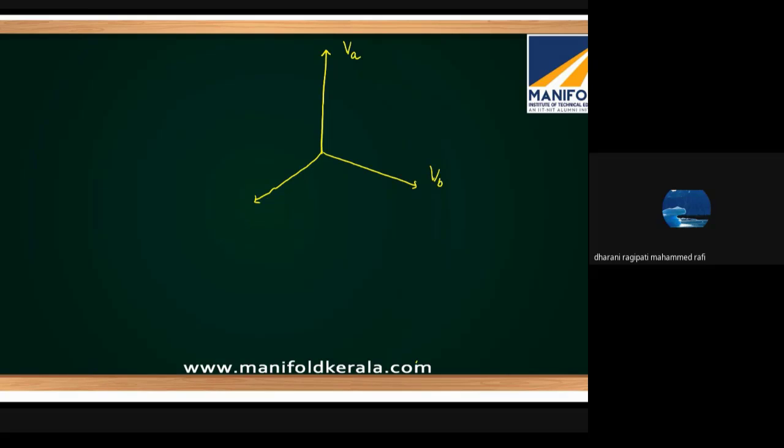In India we use RYB. It is equivalent in Indian system, it is RYB. Because all the textbooks and questions follow this ABC notation only, we are going for ABC. So these are the A phase, B phase, and C phase voltages between the phase and neutral.